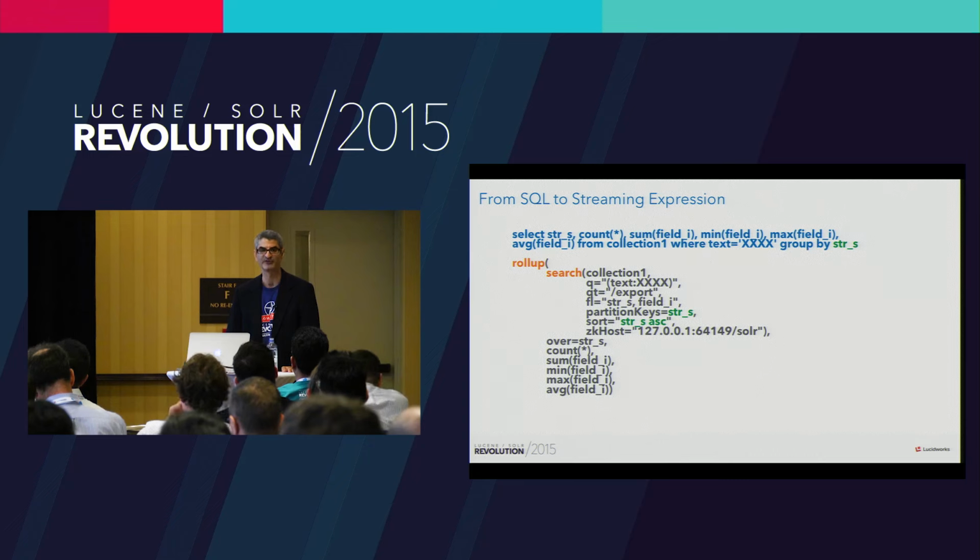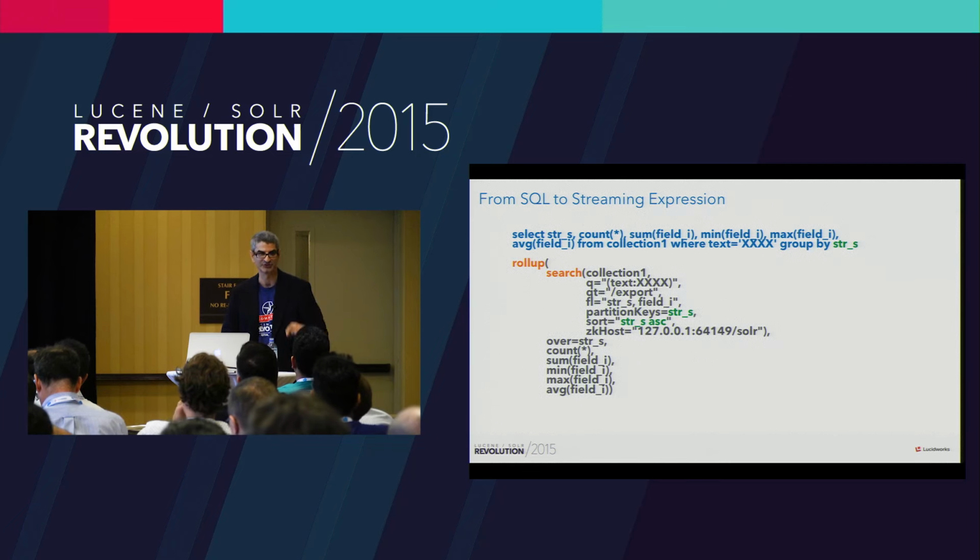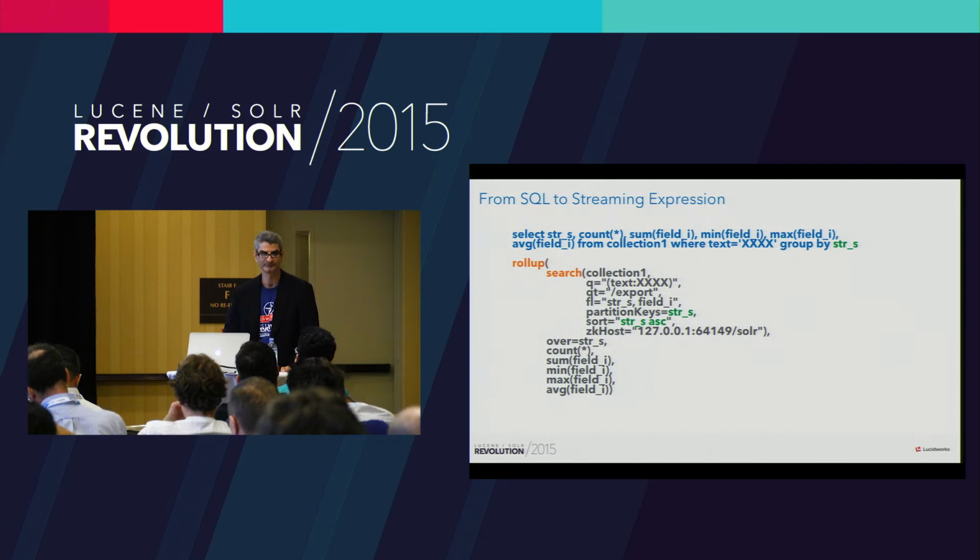Okay, so there's a level of indirection. So the way this is written, it won't actually go to worker nodes. This will just go directly to the shards and run. If you put a parallel stream around it, then it will redirect it to the worker nodes, which will then do the work.